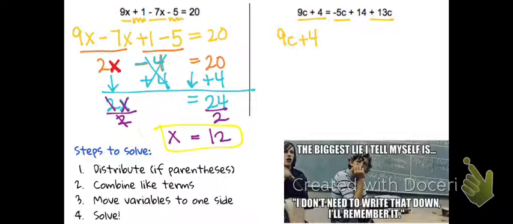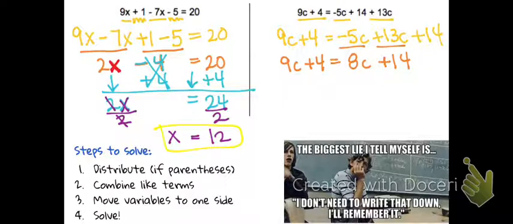So if you want, you can first rearrange those. Let's put that plus 13c next to the minus 5c. Then you can more clearly see that these can be combined. Minus 5c plus 13c is 8c. And then everything else stays the same.